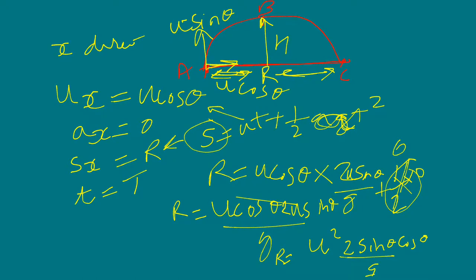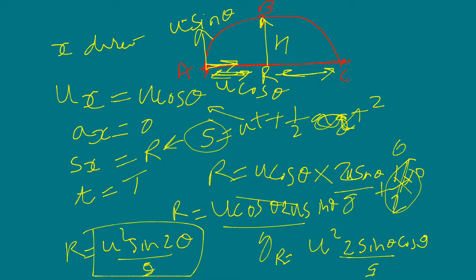So this is the formula. 2 sin theta cos theta is also given as sin 2 theta. So we can write the range equals u square sin 2 theta by g. So these two formulas are there: u square sin 2 theta by g, or the range is given by u square 2 sin theta cos theta by g also.